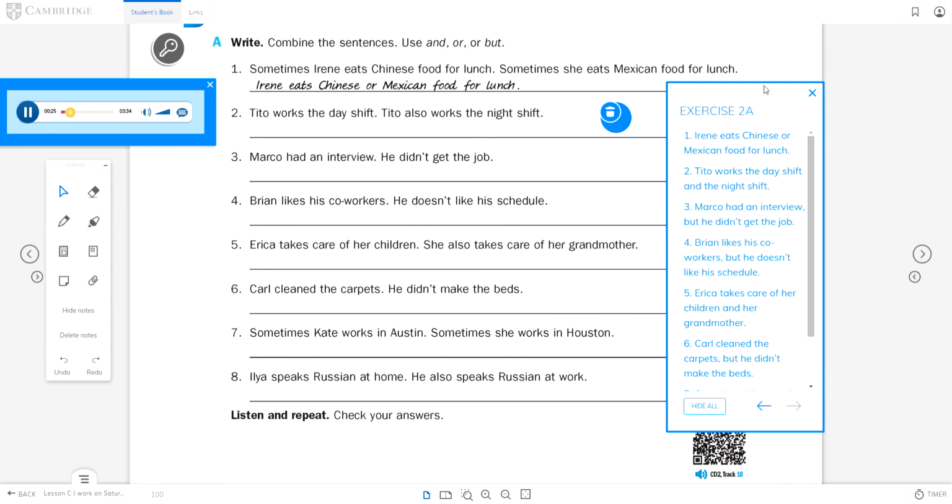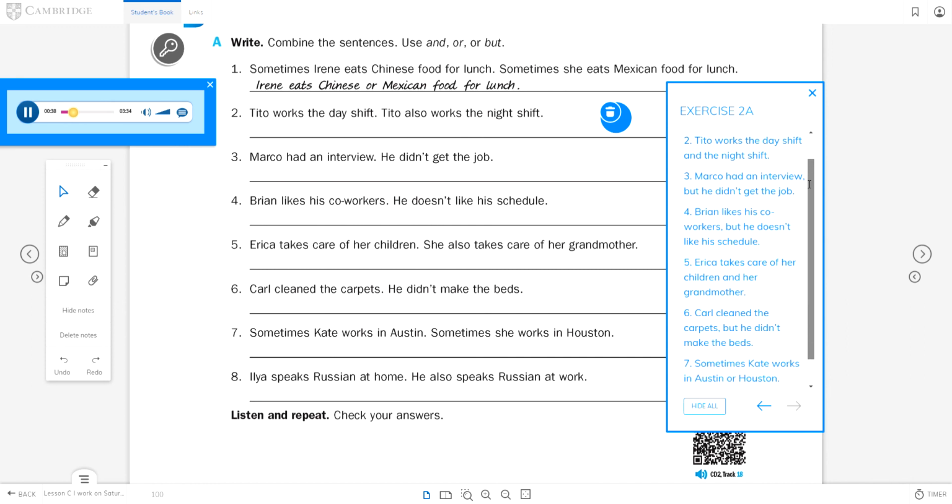Irene eats Chinese or Mexican food for lunch. 2. Tito works the day shift. Tito also works the night shift.